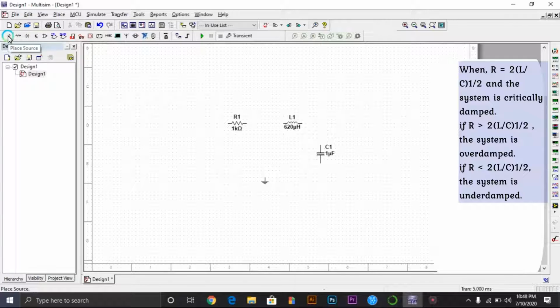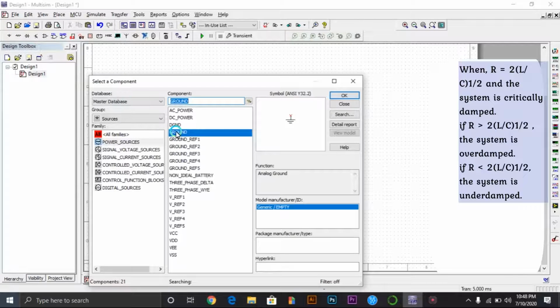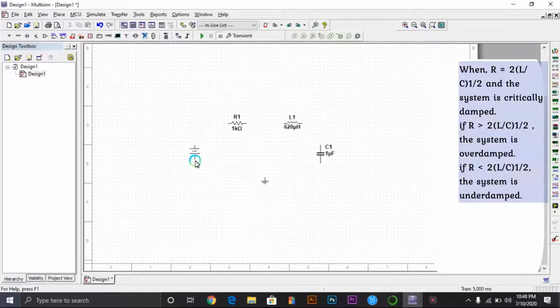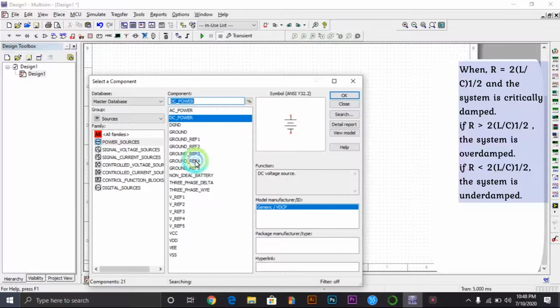In step response, we are taking the DC power source. You can take any DC power source value, it doesn't matter.